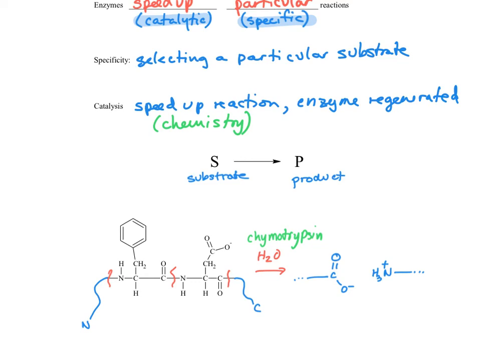What's more, there's something about chymotrypsin that allows it to select only peptide bonds that follow big, bulky aromatic residues like the phenylalanine we have shown here. So this is not about chemistry, breaking bonds. This is about, does the substrate fit in the enzyme? This is about binding. It's not about bond making or breaking. It's just about, does the key fit in the lock?